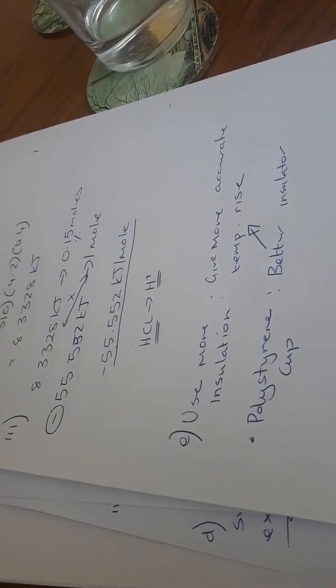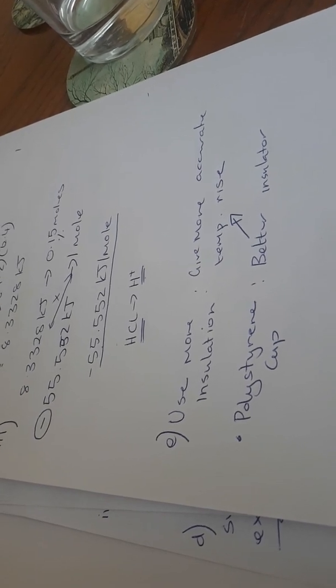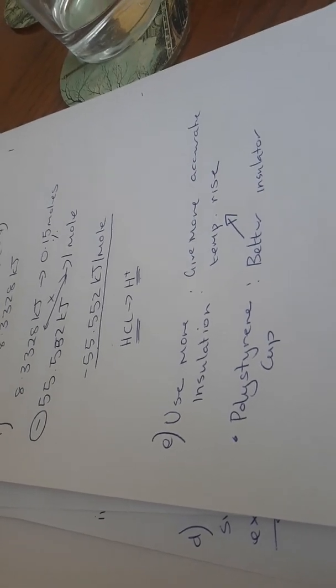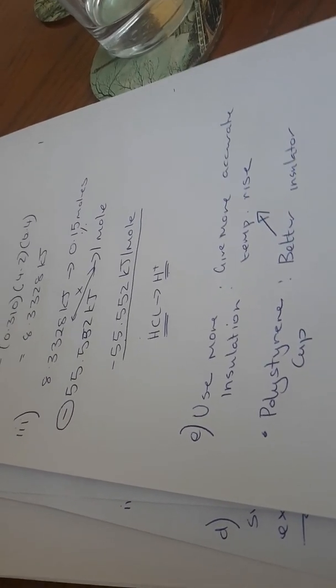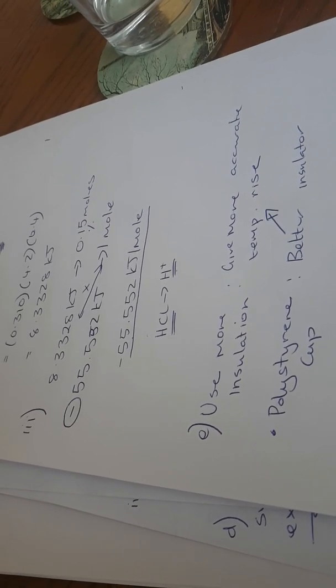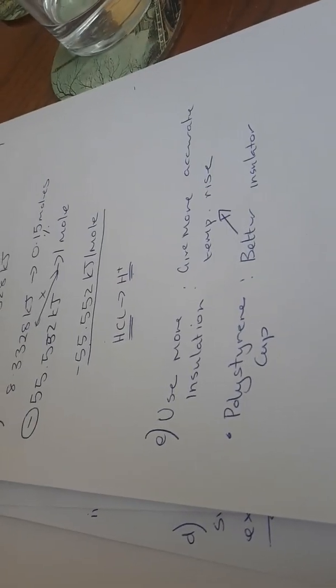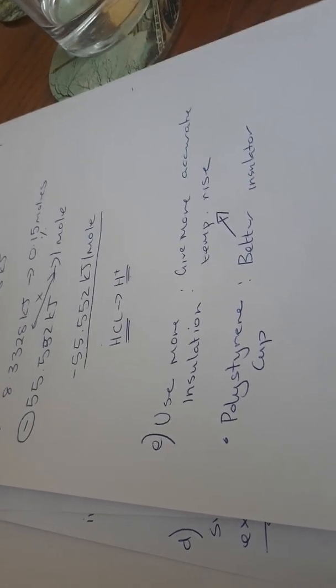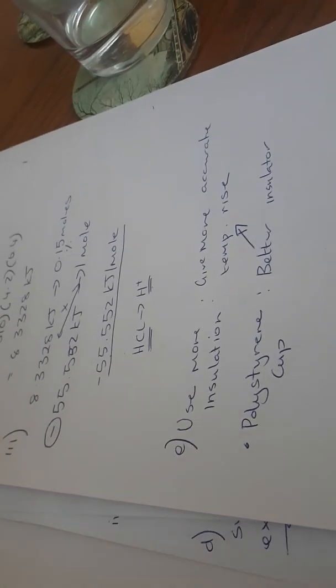You could use greater concentrations or volumes of the acids and bases, which again gives a more accurate temperature rise. Next, you could also state that you would measure the volumes using a pipette or a burette, which would reduce your error in volume. So if you look onto the marking scheme, I'd say there's about 10 or so on there for you to look at.